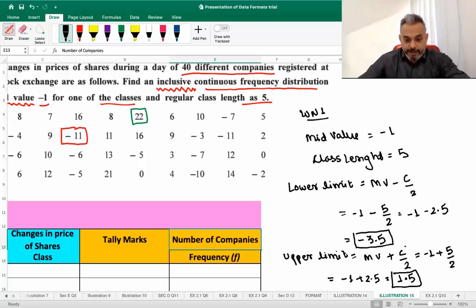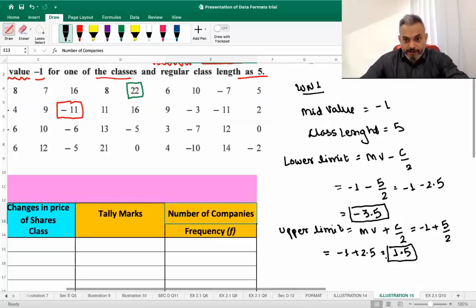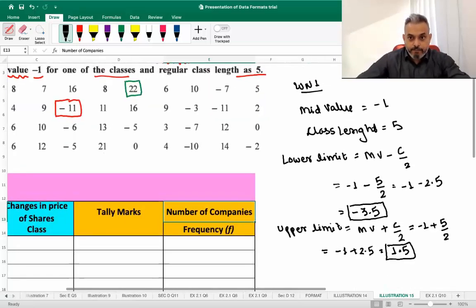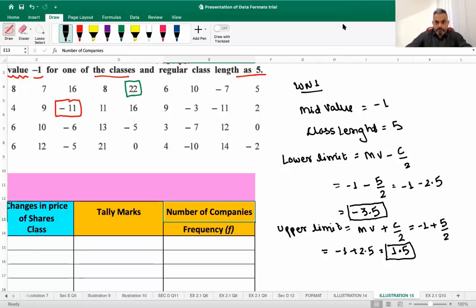These are basically exclusive. So I'll write the exclusive class is equal to -3.5 to 1.5.